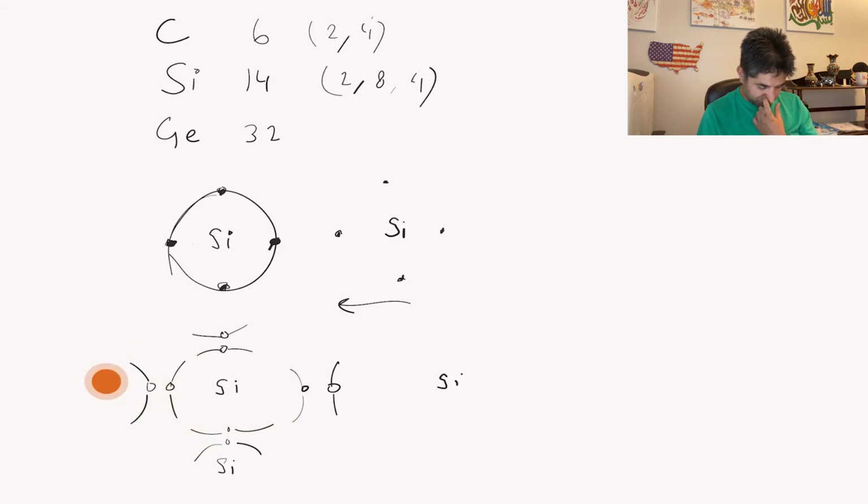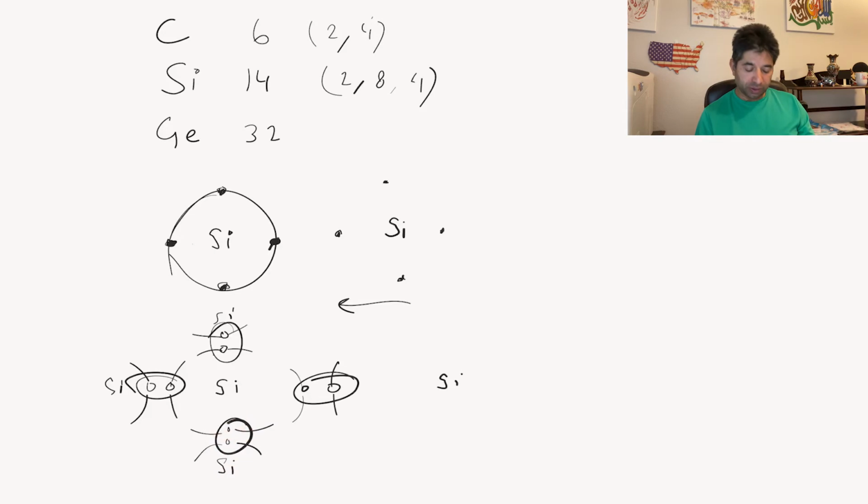Another neighboring one comes, so there were already 4. Each one makes a bond with the neighboring one. It's called a covalent bond. Now take a look, they're 2, 4, 6, 8. Typically in the valence shell, 8 is a natural number. If you have 8, the atom gets into a pretty stable condition, and the electrons get stability too. So you've seen that they're pretty tightly bound to each other in a crystal.